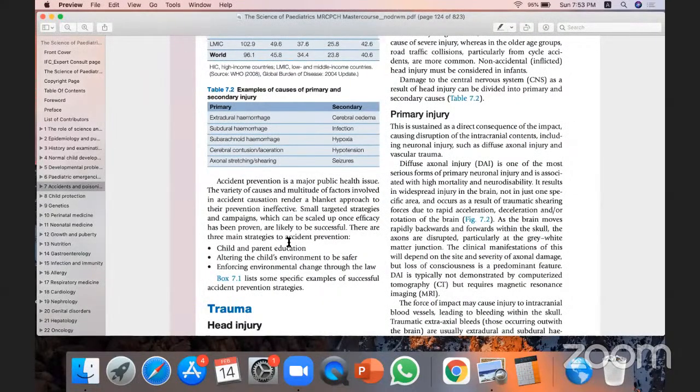Now during head trauma, remember, I gave you one mnemonic in our group. That is the head trauma mnemonic: urgent CT scan within 1 hour. After head trauma, there are specific guidelines. If any one of these signs is present, you have to do urgent CT scan within 1 hour. What is the time limit?